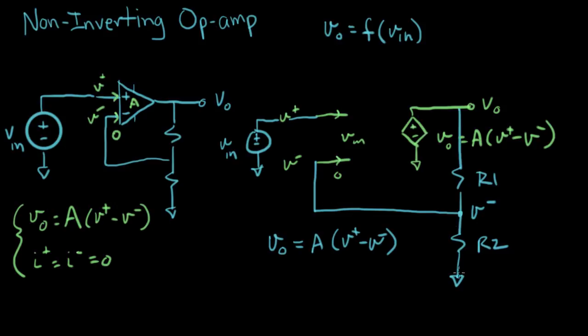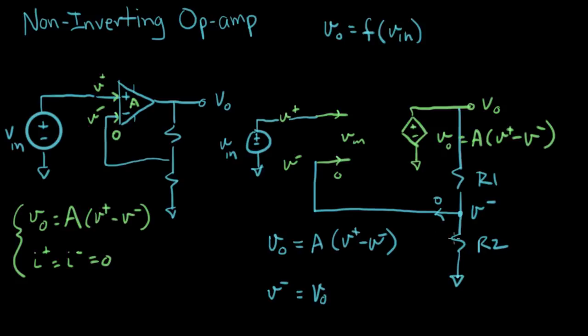Let's look at this resistor chain here. This resistor chain actually looks a lot like a voltage divider. And it's actually a very good voltage divider. Remember we said this current here? What is this current here? It's 0. I can use the voltage divider expression that I know. In that case, I know that V minus, this is the voltage divider equation, equals V out times what?